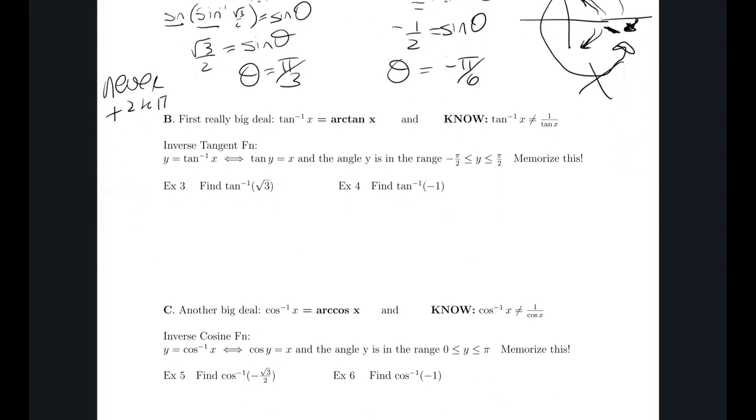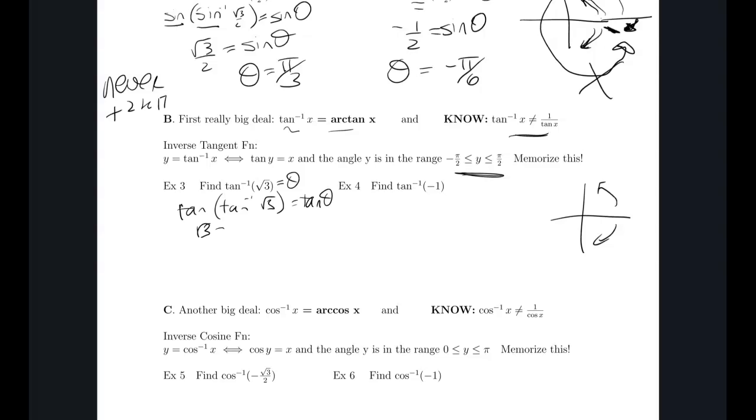All right, the arc tangent, right? Arc tangent, written either way, is not this. The arc tangent also has the restricted domain between -pi/2 and pi/2. So here, I'm going to set it equal to theta, and I'll say, okay, if I take the tangent of both sides, tangent of theta, so this gives me √3 is equal to tangent of theta.